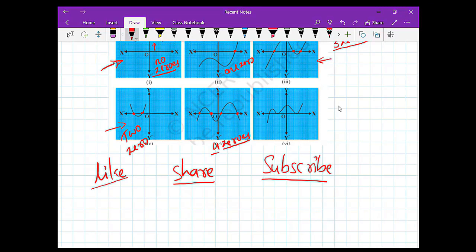So in the last curve, 1 zero, 2 zeros, and 3 zeros. Yes, it means 3 zeros are there. You just have to look only where the curve is intersecting the x-axis, not the y-axis. Okay.